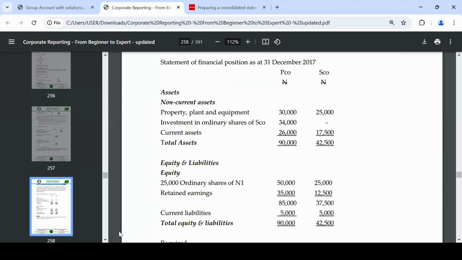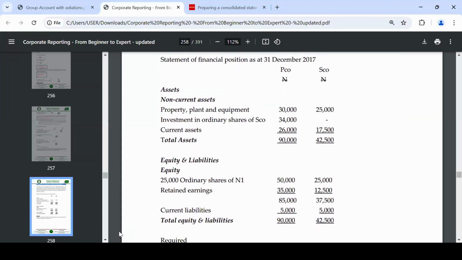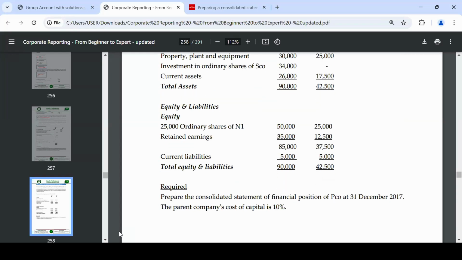Okay, given the statement of financial position as at 31st December 2017. Okay, and then we're told to prepare the consolidated statement of financial position of PICO at 31st December 2017. The parent company's cost of capital is 10%.